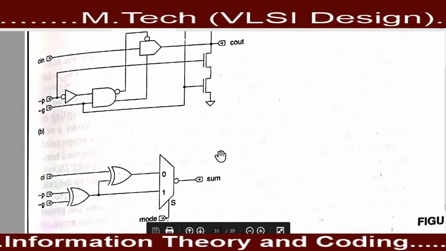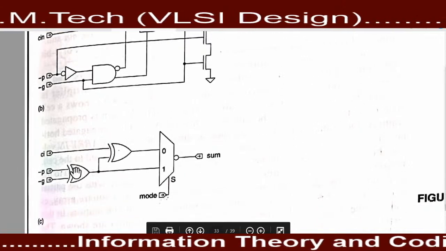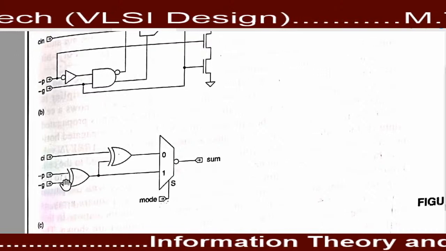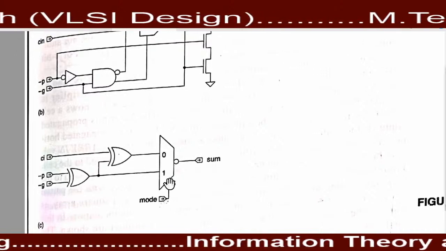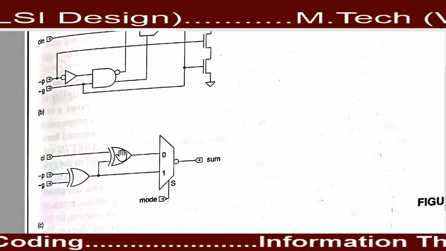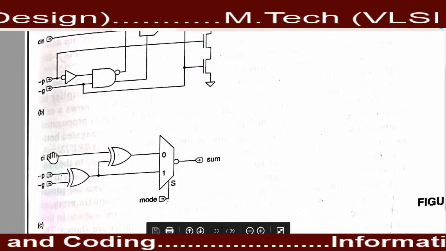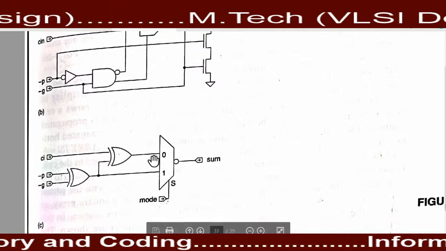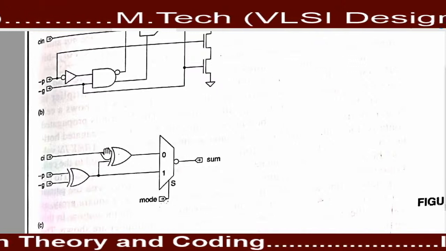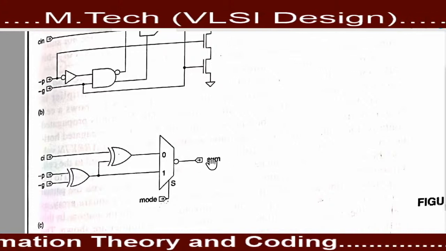One more arithmetic logic circuit is present here, in which you can see two NOR gates, and the output of them is provided to the multiplexer circuitry, and the multiplexer selects these inputs according to the selection line. When the value of the selection line is 0, at that time it will select the input provided in port number 0, and the input of port number 0 is transmitted to the output.